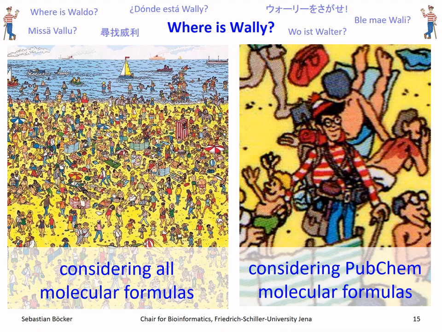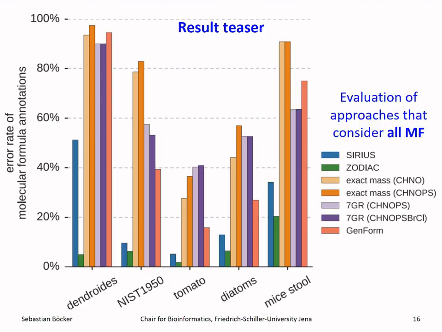So let's go for the de novo problem. Short teaser. For a paper, we recently had to also evaluate other methods. Here you see SIRIUS. This is ZODIAC, the green one. This is, by the way, the error rate, like how many molecular formula annotations are wrong for a complete data set.